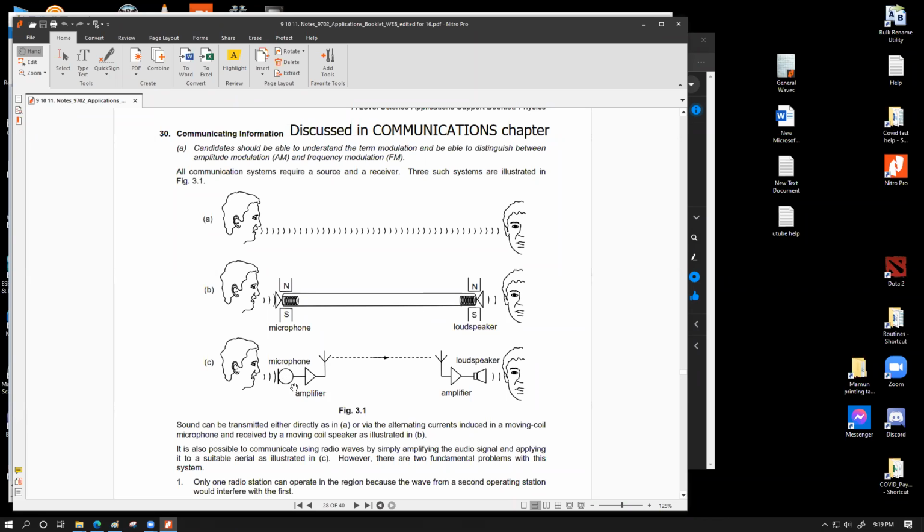We talk into a microphone, which uses some amplifier. This trident thing is basically the circuit symbol for an antenna or an aerial. Both of the words are equally acceptable for the name of the symbol. So the aerial sends out the signal, the receiving antenna receives it, amplifies it, demodulates it.